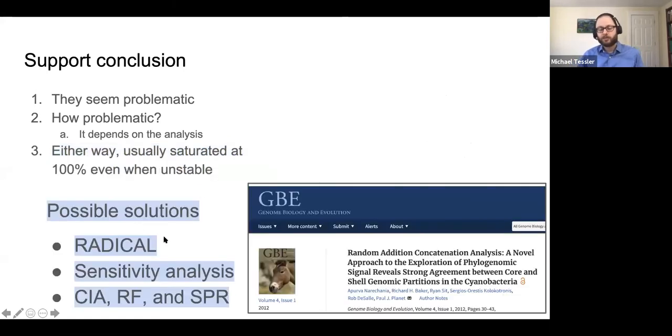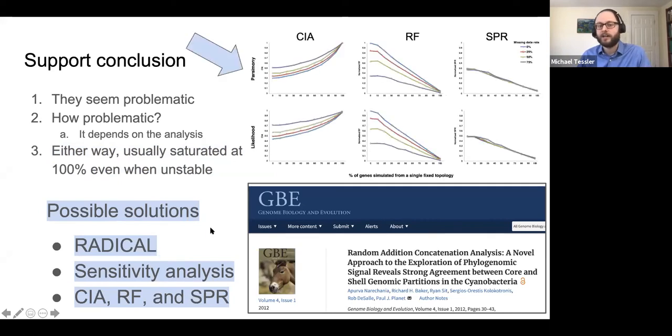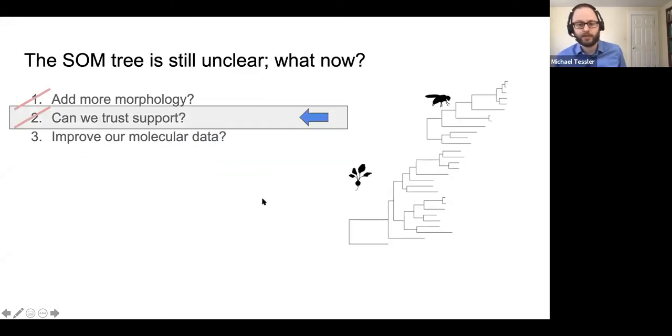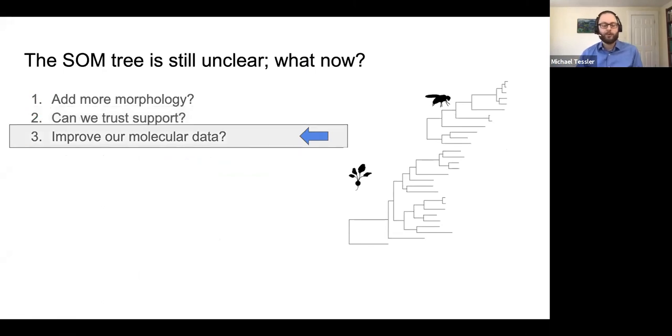So there are some solutions, like some concatenation analyses, sensitivity analyses, and we're working on some other analyses for building tree level support, and testing those out, that hopefully we'll be able to finish up in the not too distant future. So I'm going to finish up going through the last component, which is the molecular data.